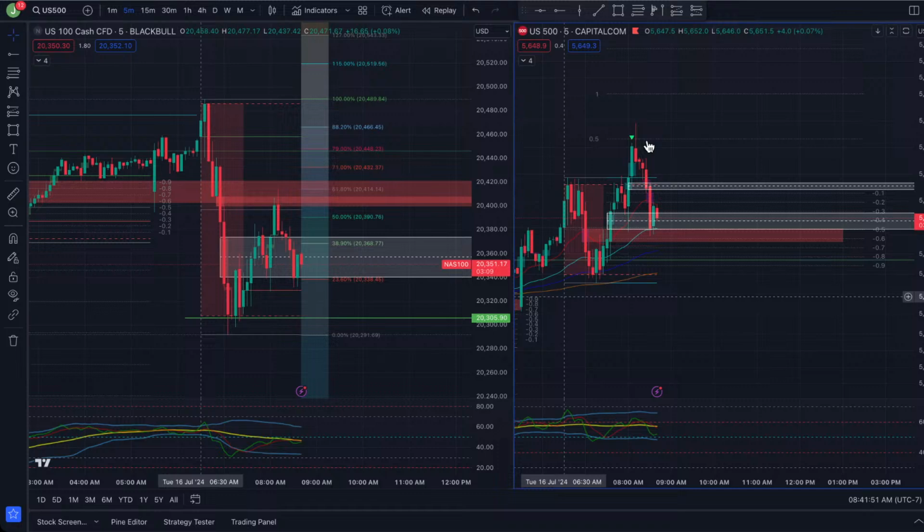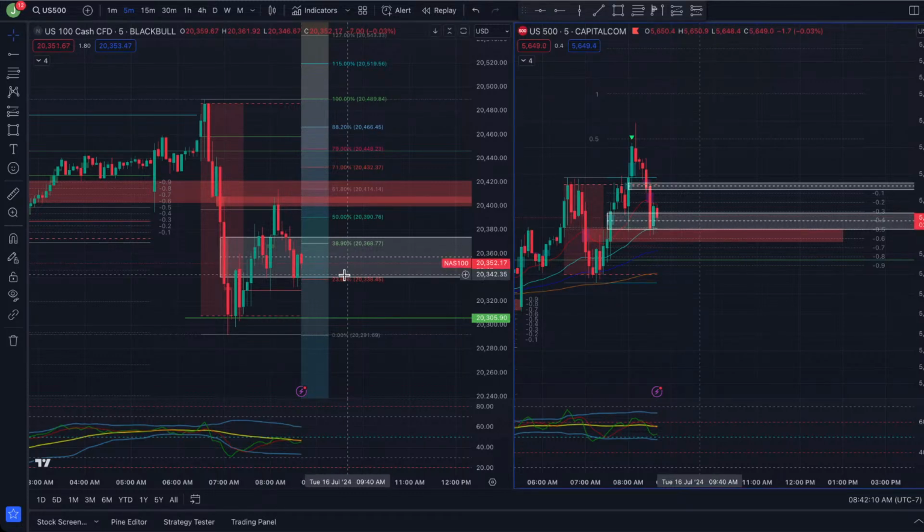We already have a bullish confirmation on US 500. We're at a key confluence point right here where we're getting a lot of rejection. I want to see where this candle closes. In NAS, we're having a tough time getting out of that fair value gap.